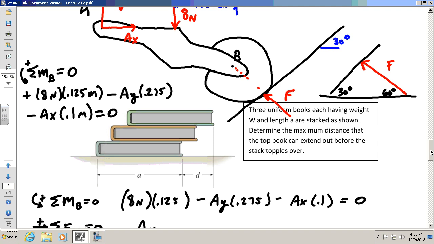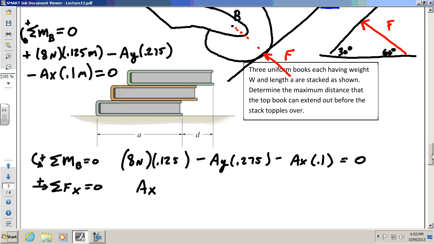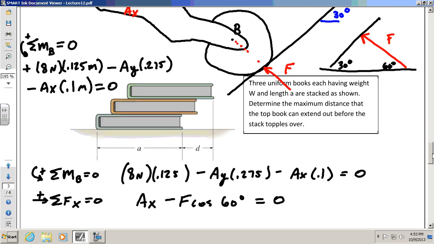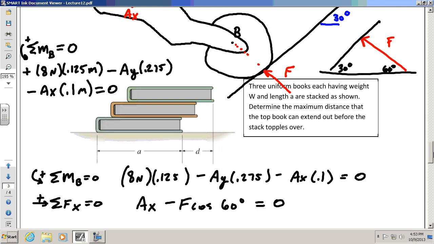And if you see it that way, then you realize that the component of F in the x direction is going to be equal to minus F cosine 60. It's left, so it's negative. Those are the only 2 forces on that bracket plus roller that are in the x direction, the AX and the minus F cosine 60.